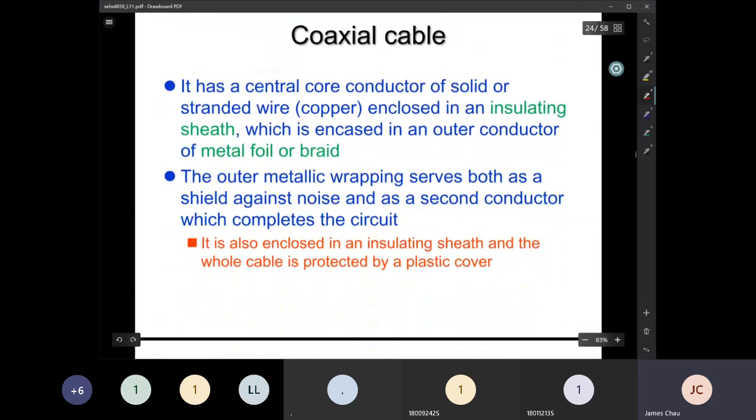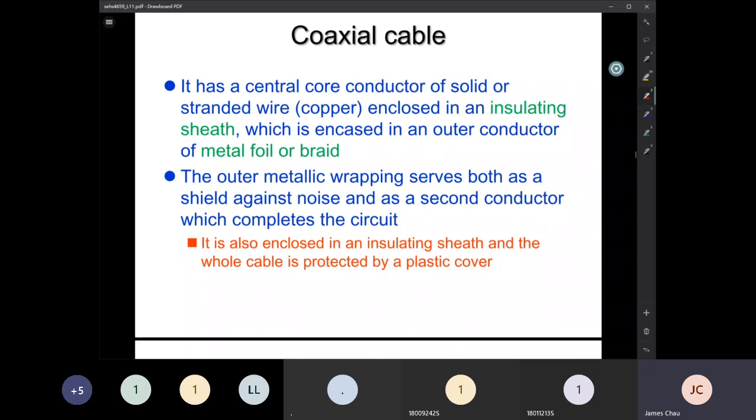Now, as I told you, in the older days we used the coaxial cable, but nowadays we seldom find the coaxial cable due to the speed being slower. We can still find the coaxial cable in equipment. For example, if you are using a CRO to connect to a probe, then you are using the coaxial cable.